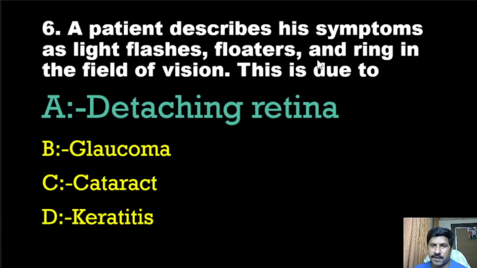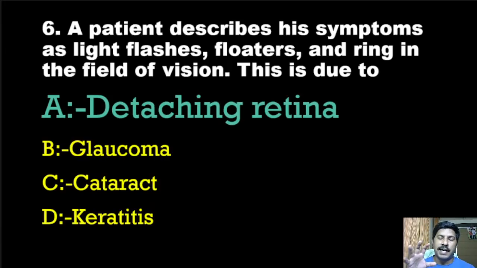The light flashes, floaters and rings in the field of vision are symptoms of detaching retina. Retinal detachment happens when the part of the eye that is responsible for creating images pulls away from the back of the eye.